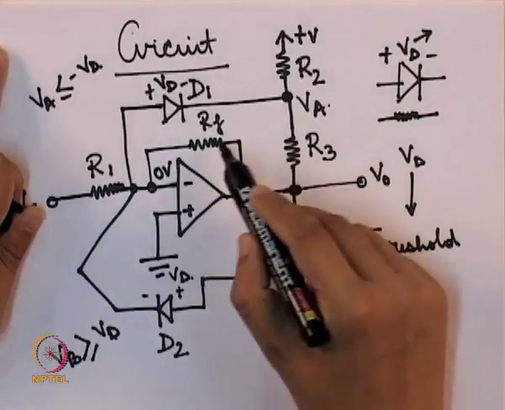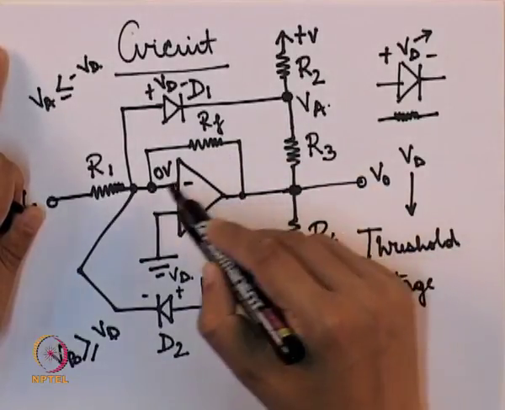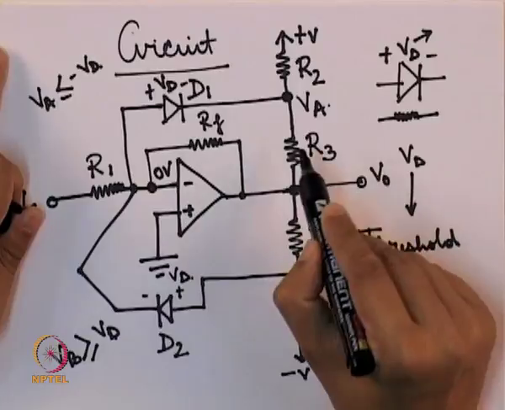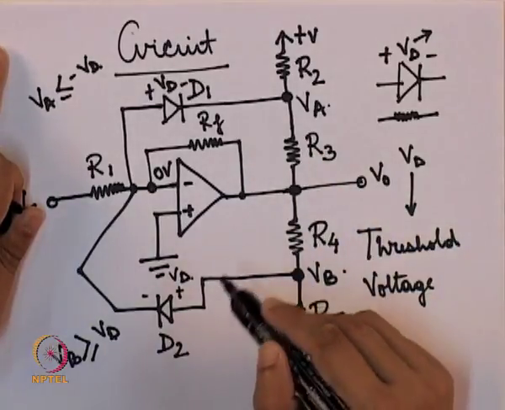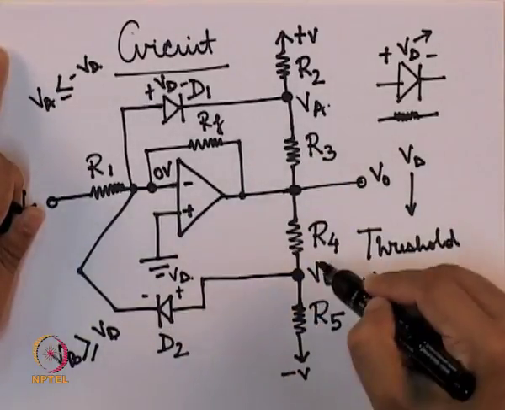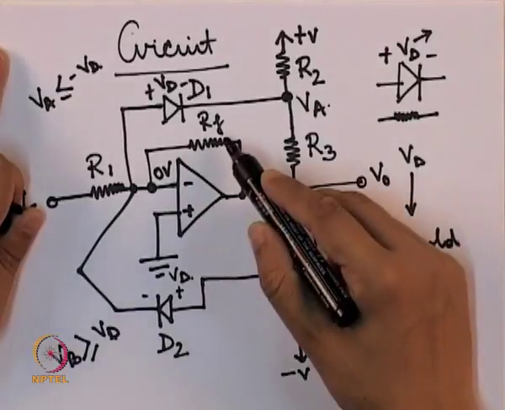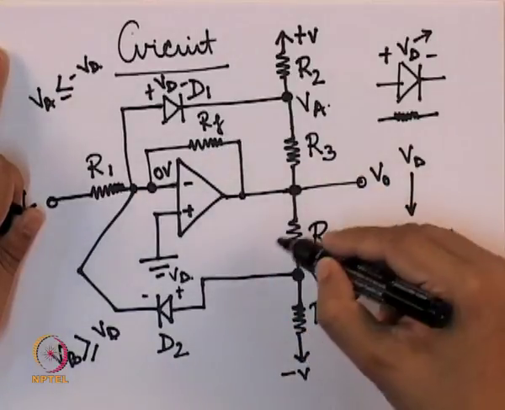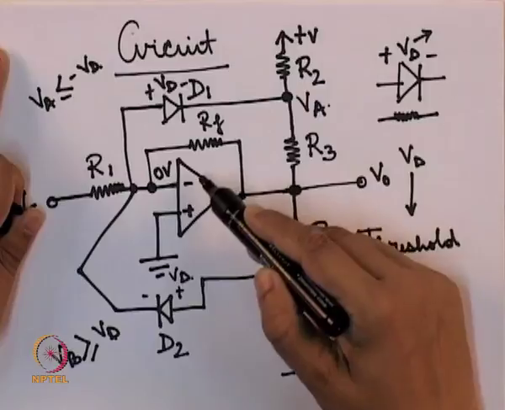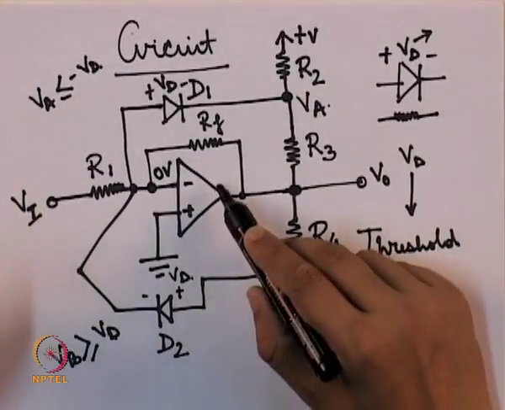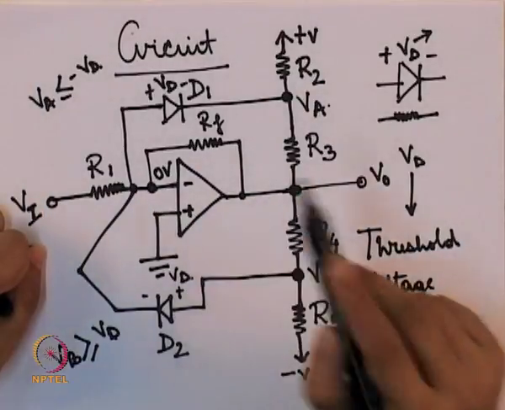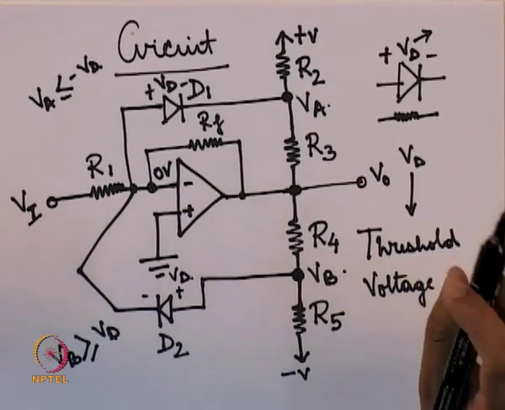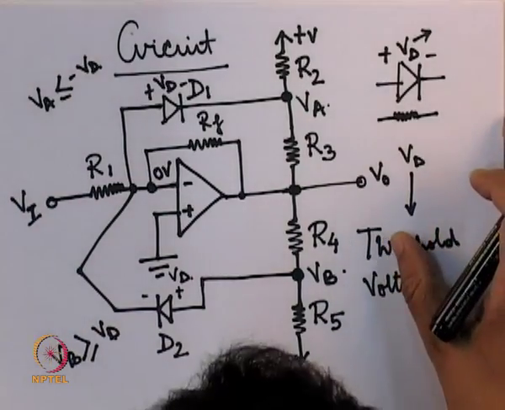If D1 is conducting, then the total resistance is Rf in shunt with R3. Similarly, if D2 is conducting, R4 will be in shunt with Rf, but if D2 is not conducting, then simply Rf is between this terminal and this terminal. So, with these in mind, let us try to write some equations.